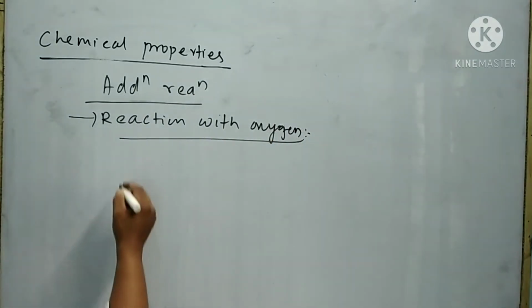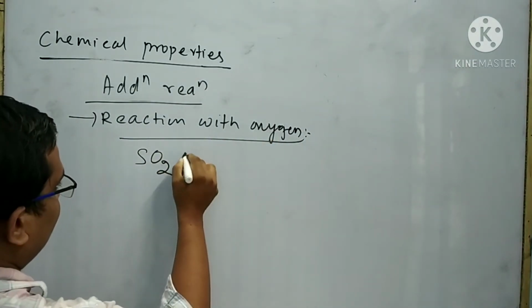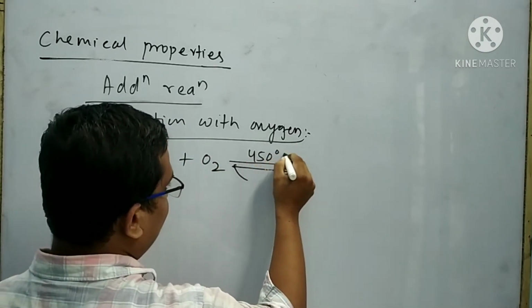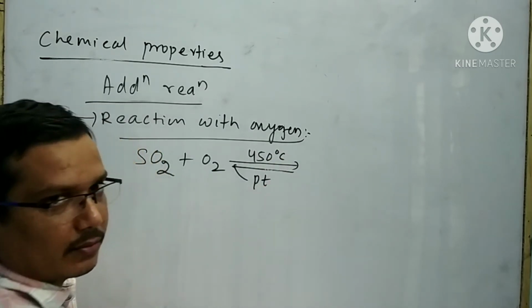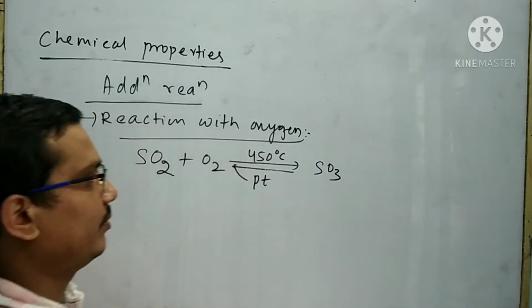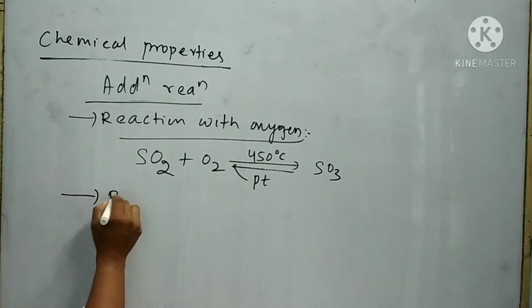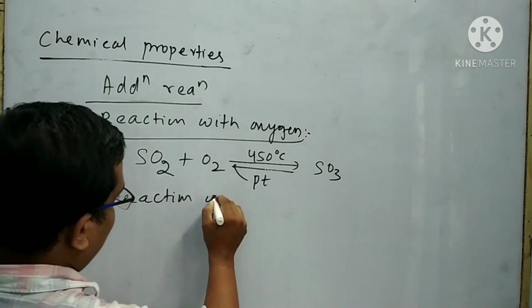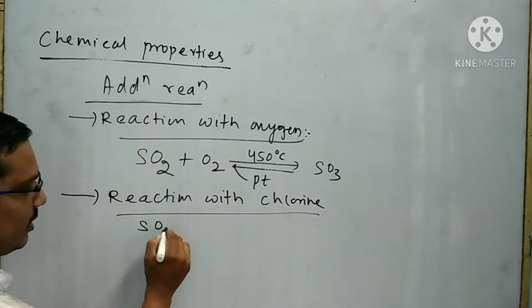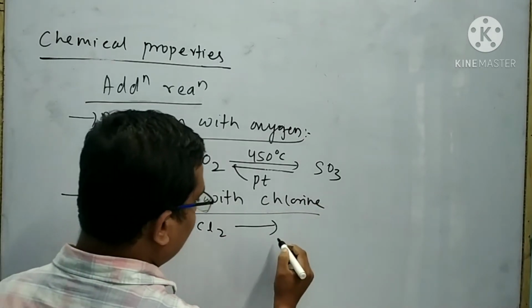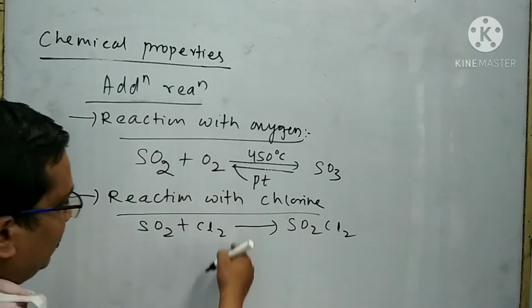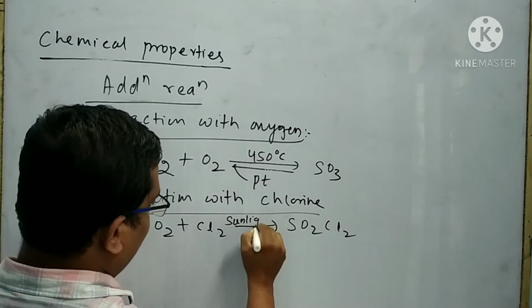So I can write the reaction like this: sulfur dioxide plus oxygen at 450 degrees centigrade in the presence of platinum gives sulfur trioxide. Next reaction is reaction with the chlorine. Sulfur dioxide reacts with the chlorine to form sulfuryl chloride. This is done in the presence of sunlight.